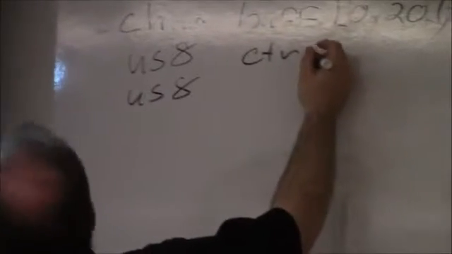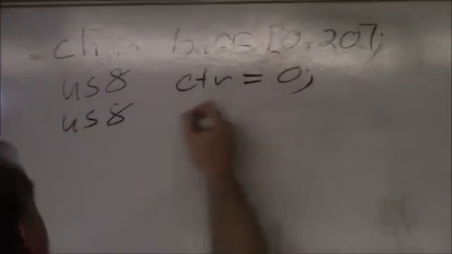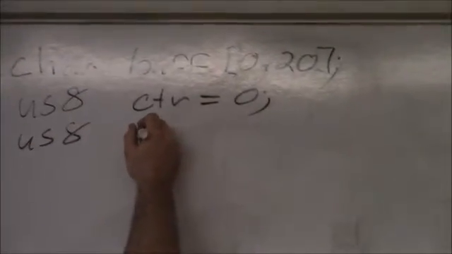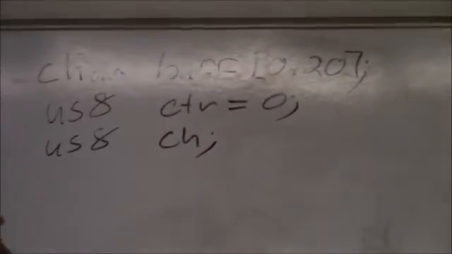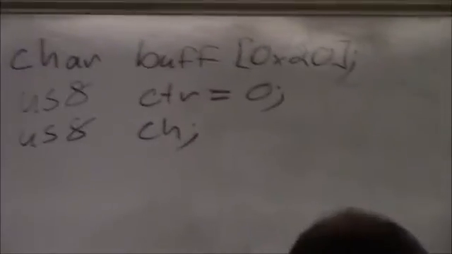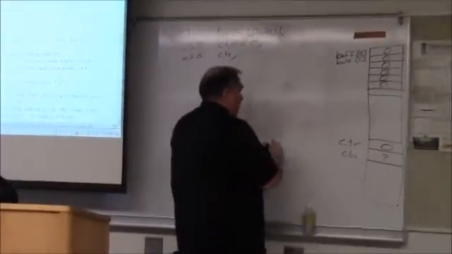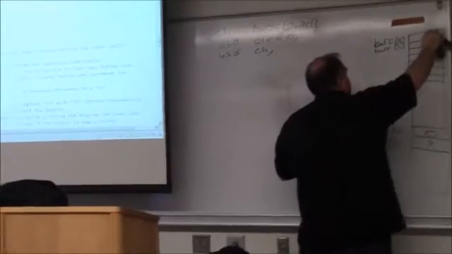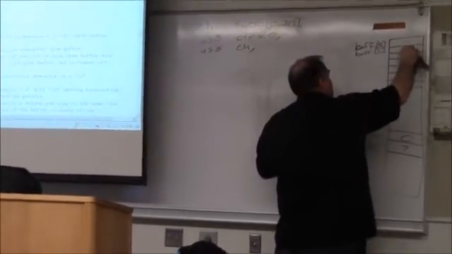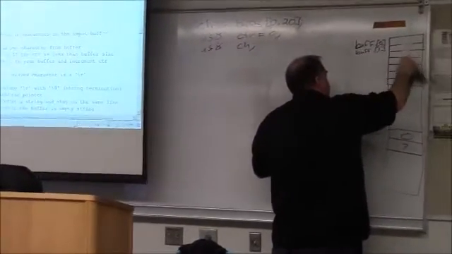CTR, and we explicitly set that to 0, and CH, and it's not assigned. So somewhere in memory, you're going to have CTR and CH, and CTR we know for sure is 0, and CH hasn't been assigned, so we don't know. Actually, I think it's better right now. Let's not assume these are, I'm going to erase these zeros and put question marks in here.